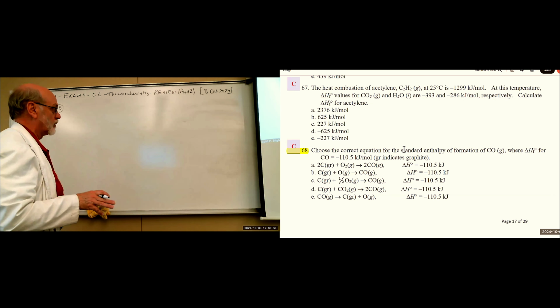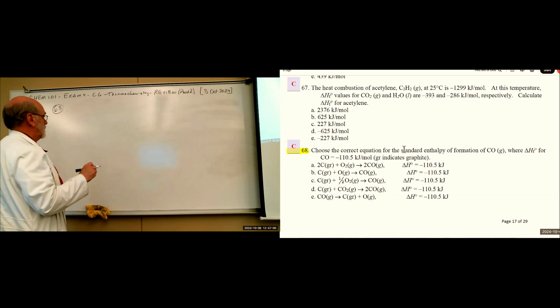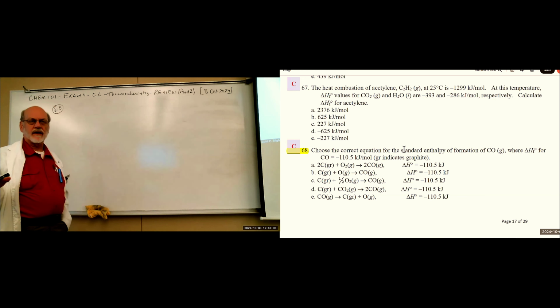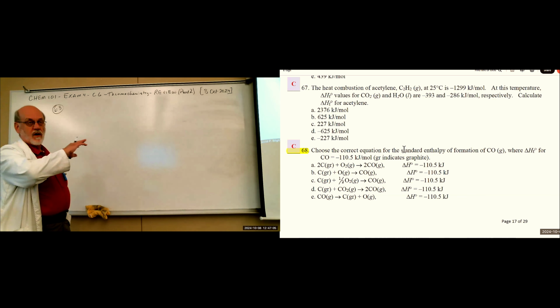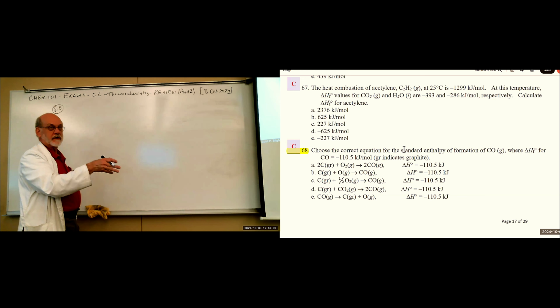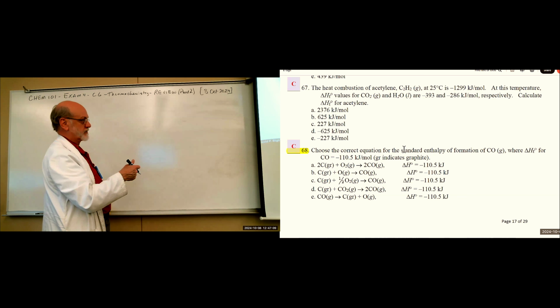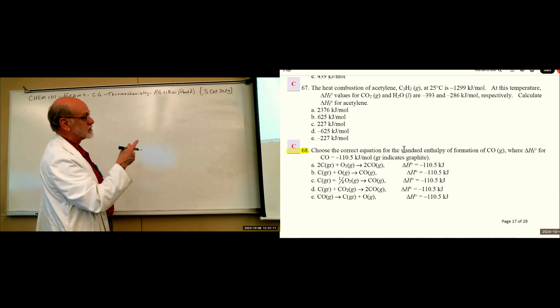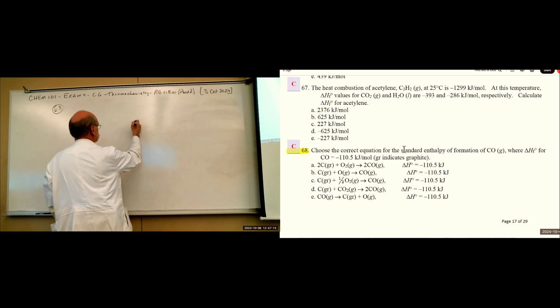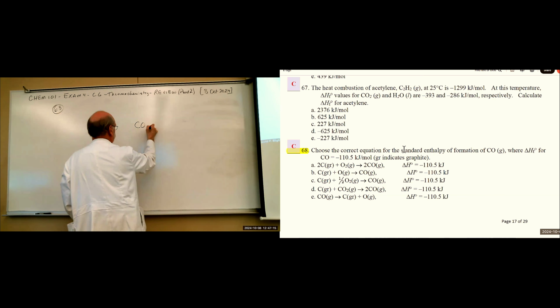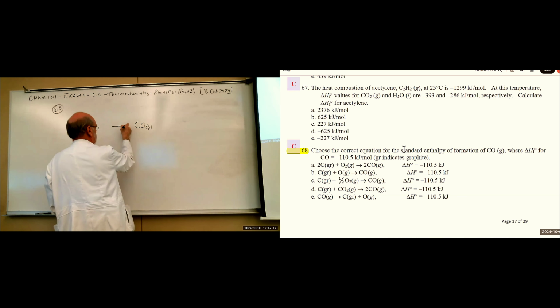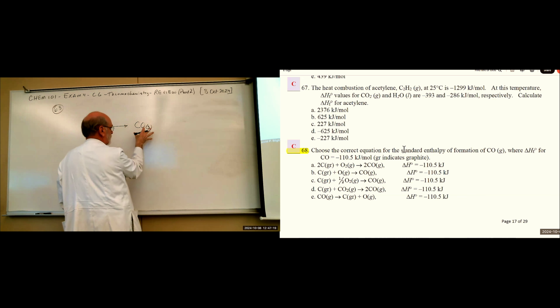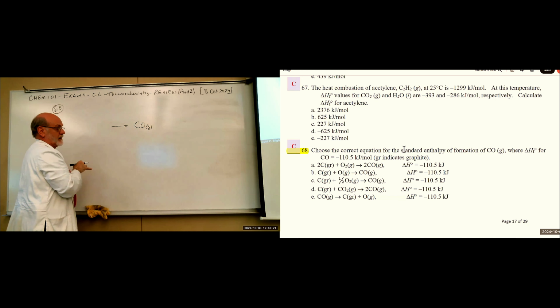Standard enthalpy of formation. So when you're doing a standard enthalpy, you start on the product side with the compound of interest, CO gas. And this has to be 1 mole. You can't touch that now.